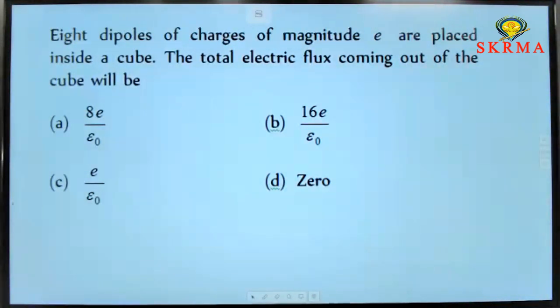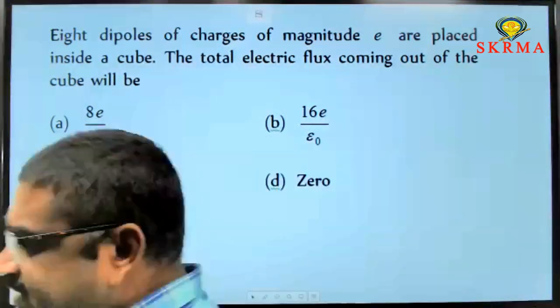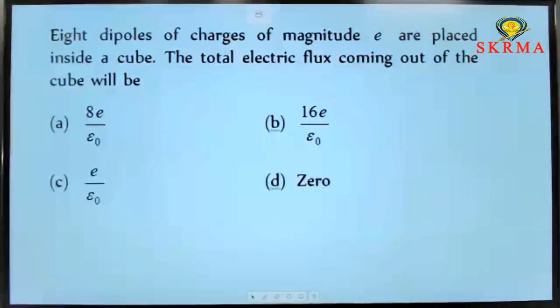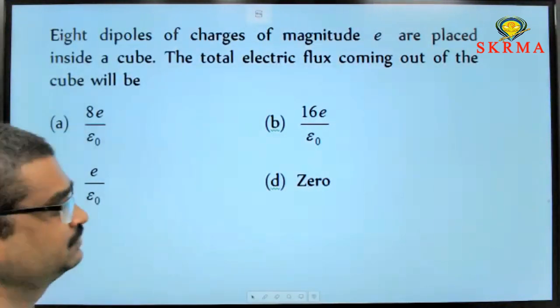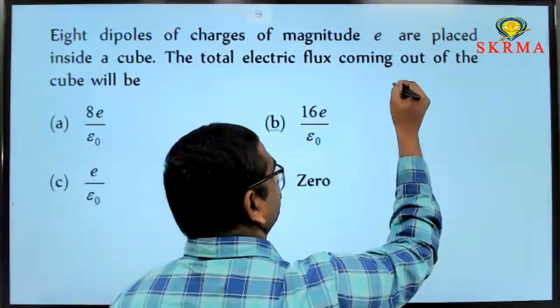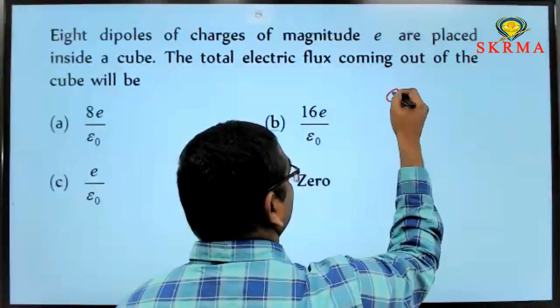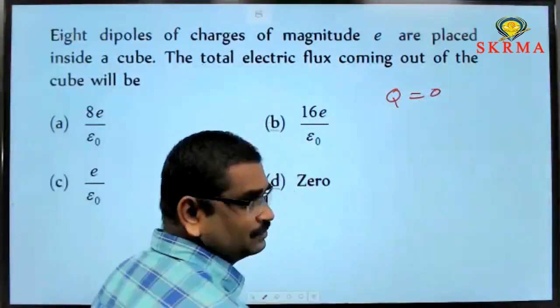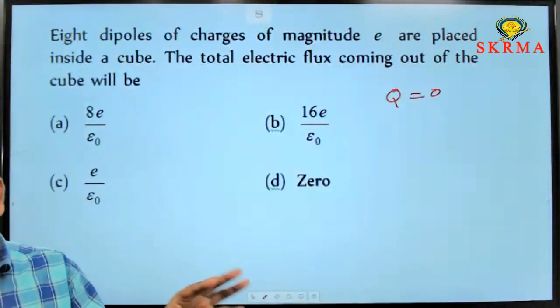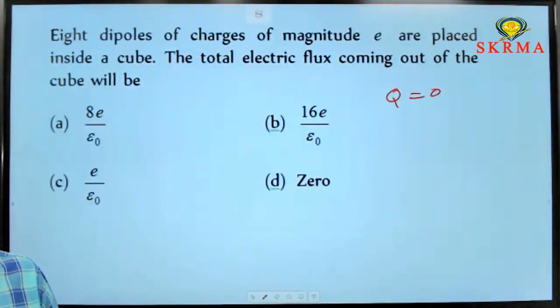Try to solve this one. 8 dipoles of charge magnitude Q are placed inside a cube. Then the electric flux coming out of the cube will be. For each dipole, what is the total charge? Dipole means a positive and a negative charge of equal magnitude.